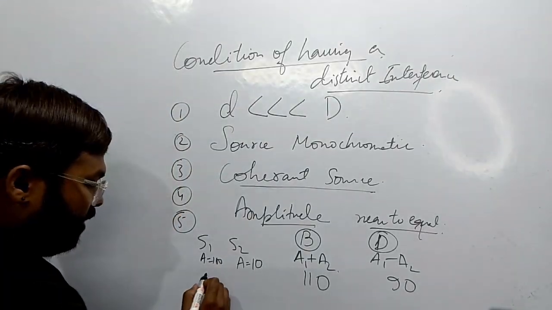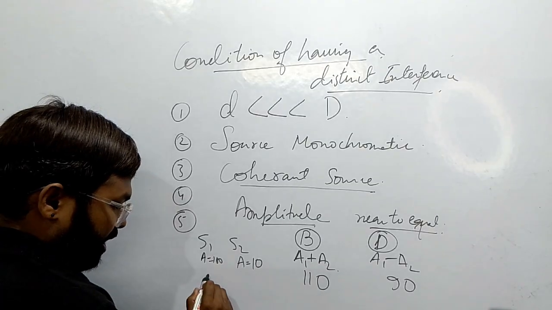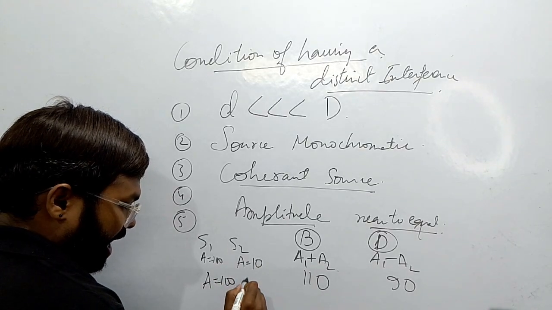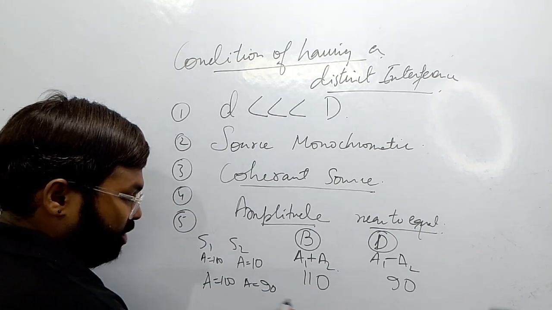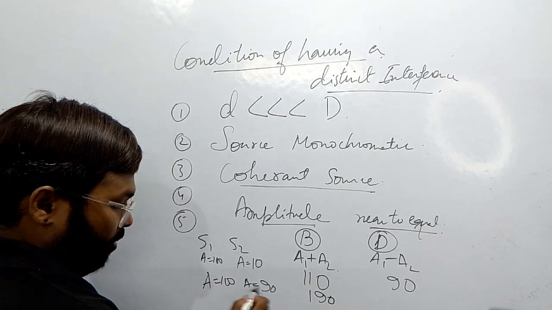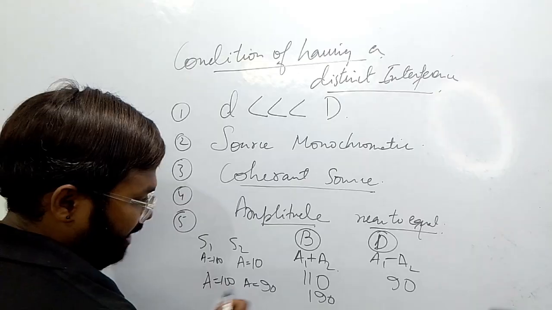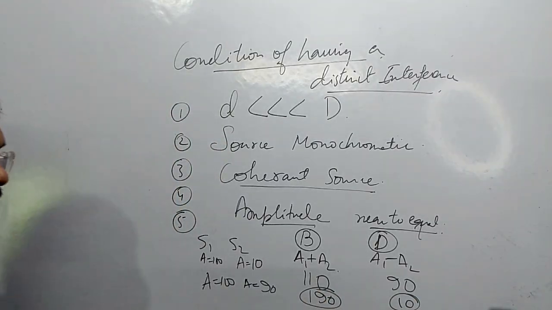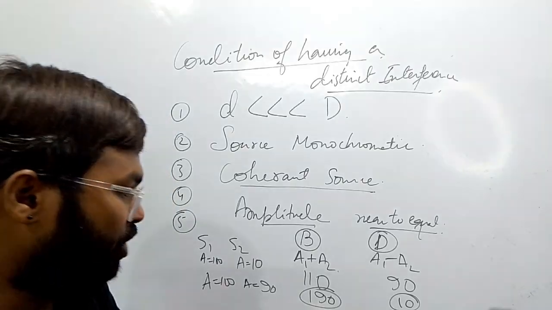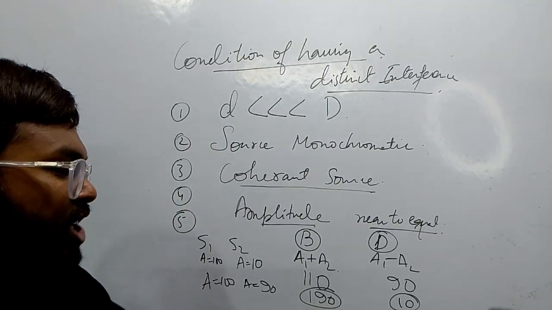But if the sources are nearer, like this is 100 and this is, suppose, 110 or 90, then you'll have 190 if I add up both, and if I subtract, I'll have 10. See here, the amplitude is much greater than this one.